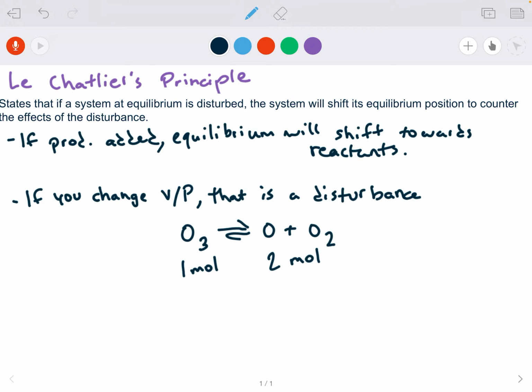So if I increase the volume, equilibrium will shift towards the right. It'll shift towards the side with more moles because I've increased the volume. Same if I decrease the pressure, since increased volume and decreased pressure go together. Opposite, if I increase the pressure by decreasing the volume, equilibrium shifts towards the reactants because there are fewer moles of reactant than of product.